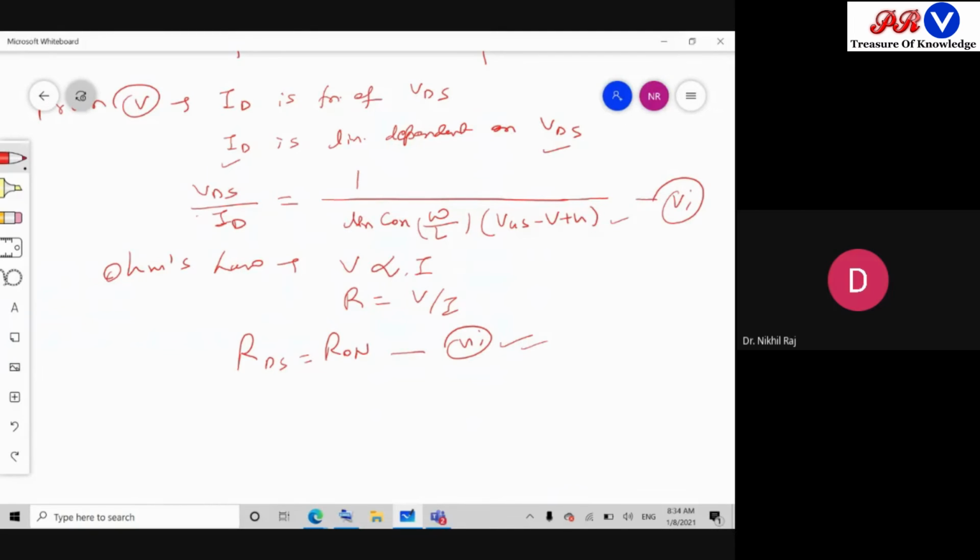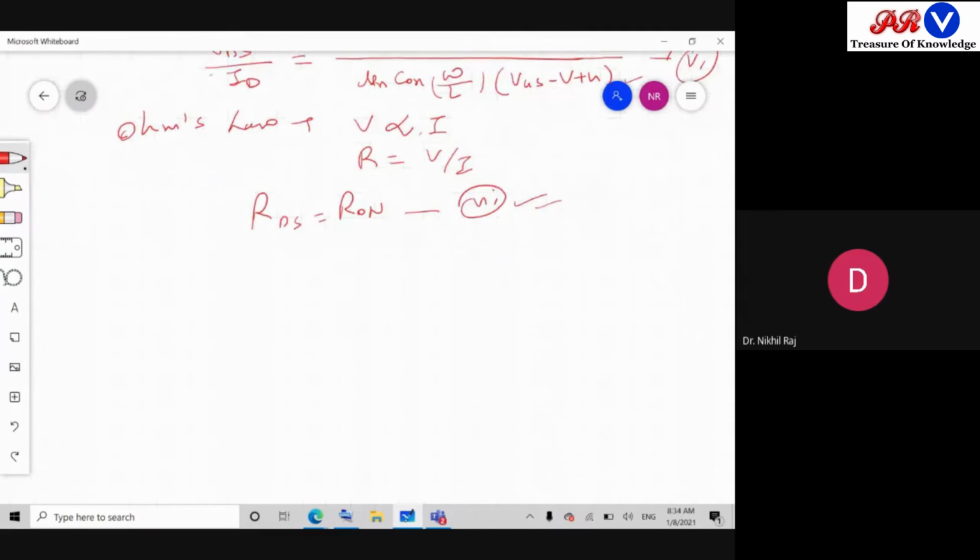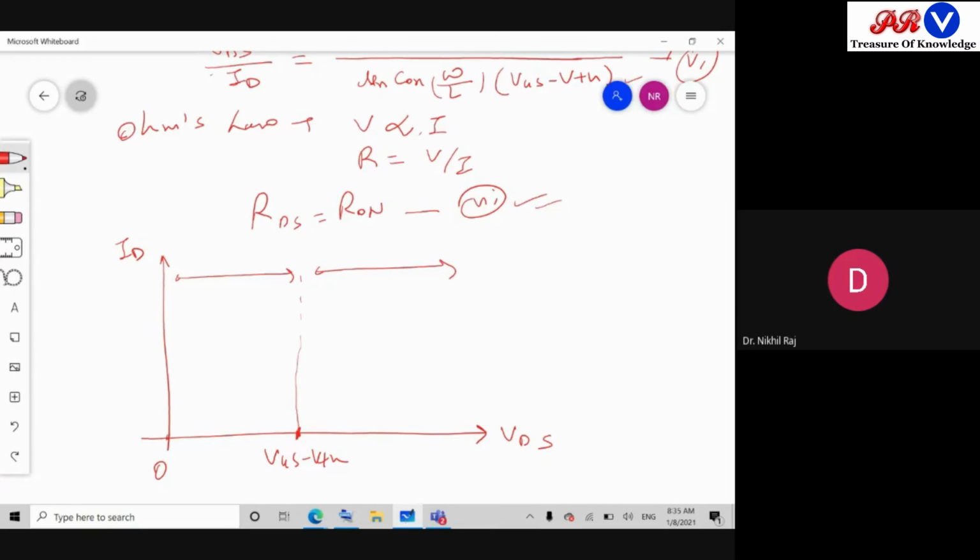So from here, what conclusion can be drawn? If this is the graph of VDS, and this is ID, so when we start from 0, if this is the point of VGS minus VTH, then below this boundary it was a parabolic equation, so it was going somewhat like this, and after this what was happening we were not knowing.